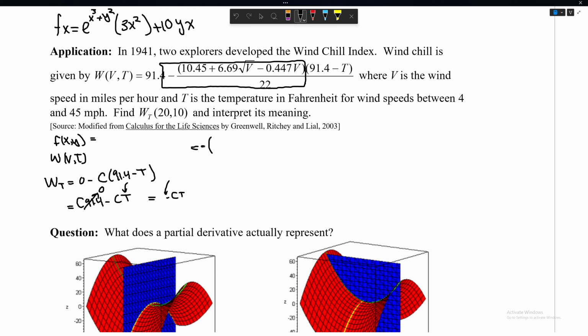This negative comes here. Now I have this other negative here. Don't forget that. So I will get 10.45 plus 6.69 root v minus 0.447v, all over 22.